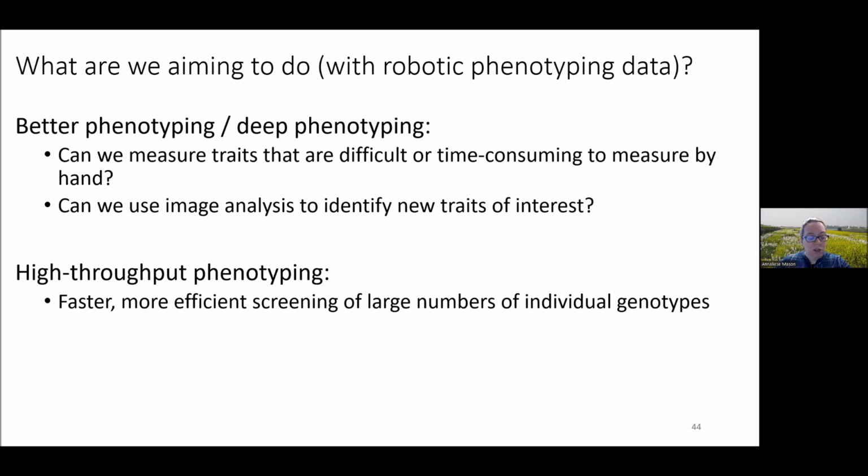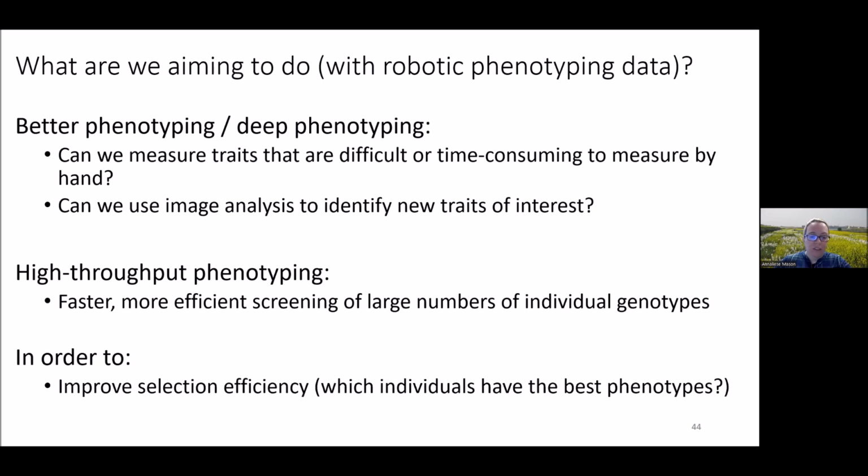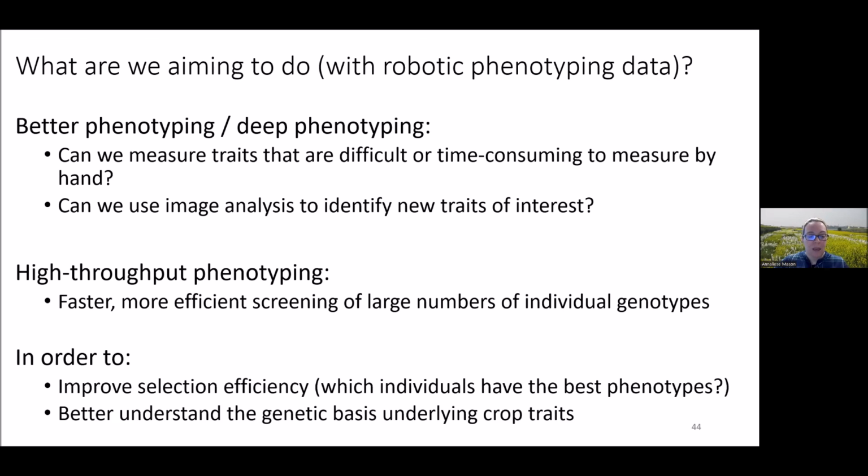It is now very quick to get genotyping data, but phenotyping is now the bottleneck for making progress in crop improvement. And of course, we want to improve selection efficiency to determine which individuals have the best phenotypes. And we also just want to better understand the genetic basis underlying crop traits so we can help this for future research.